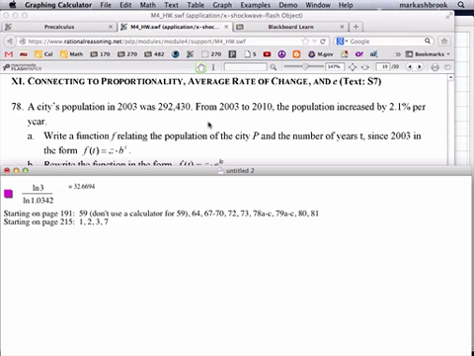Okay, so it says the population increased 2.1% per year. Is that referring to a continuous rate or actual percent increase? If it says the population increased by 2.1% per year, that's actual increase, and from that we can get, yeah, but before that, if we want to model the growth.